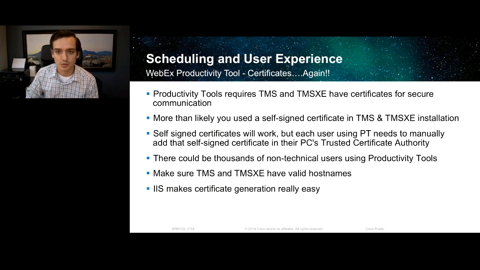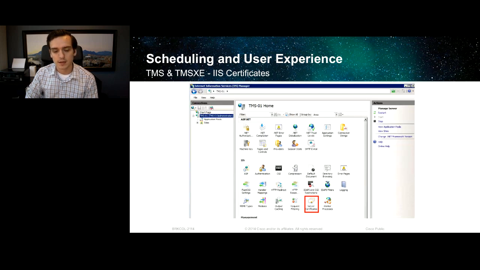IIS has a built-in tool that can generate certificates against your Active Directory's certificate authority instead of going through all those manual steps. So the steps we're going to go through here on how to generate certificates have to be done both on TMS and TMS-XE.